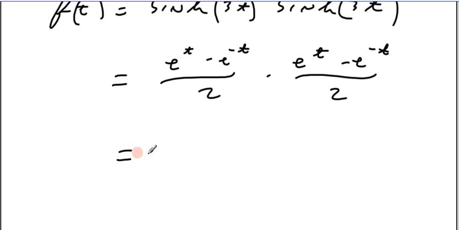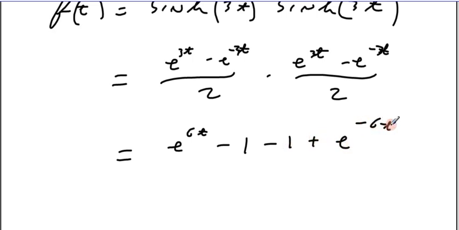There's a 3 in each exponent. Okay, so I've got e to the 6t minus 1 plus e to the minus 6t over 4.